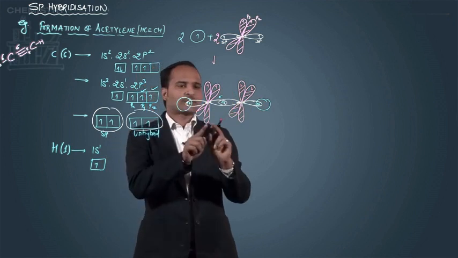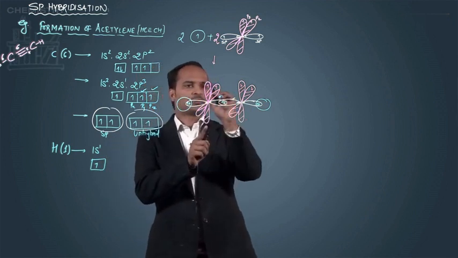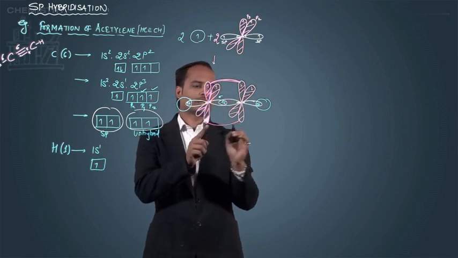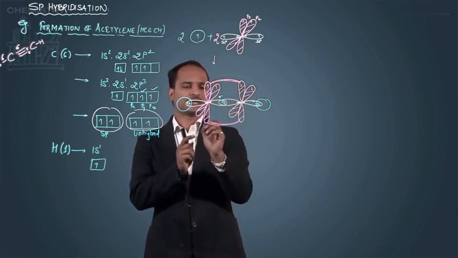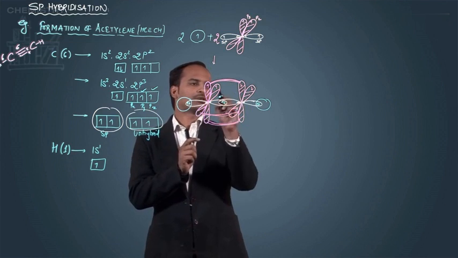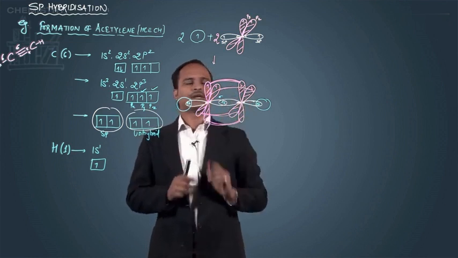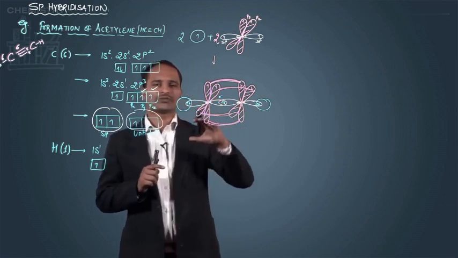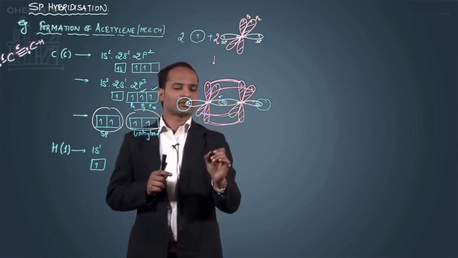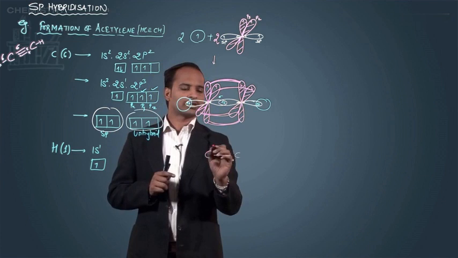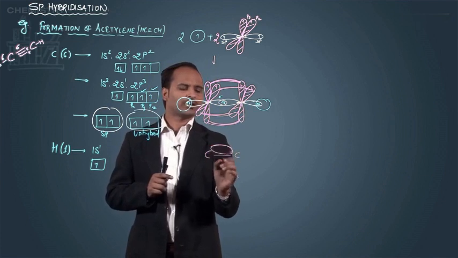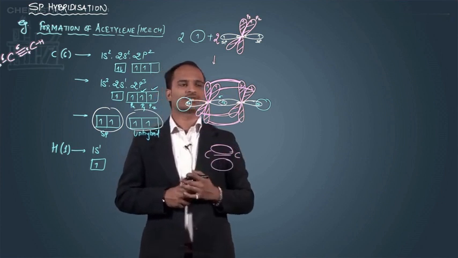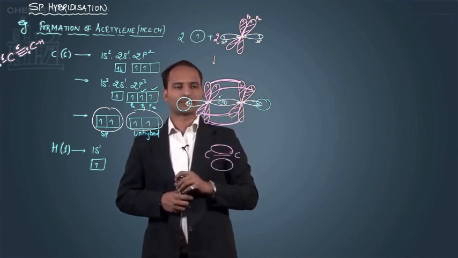Now this py and py will overlap together, and during overlapping, as I said, they will overlap on the upper as well as lower side. These two p orbitals will also overlap together. When they overlap, they get a cylindrical shape. It's something like this. So it's a cylindrical shape because of the overlapping of p orbitals.